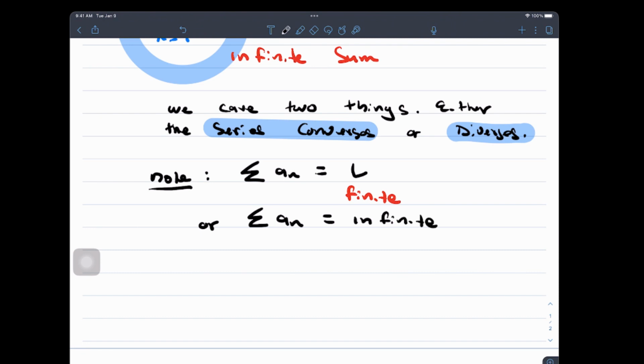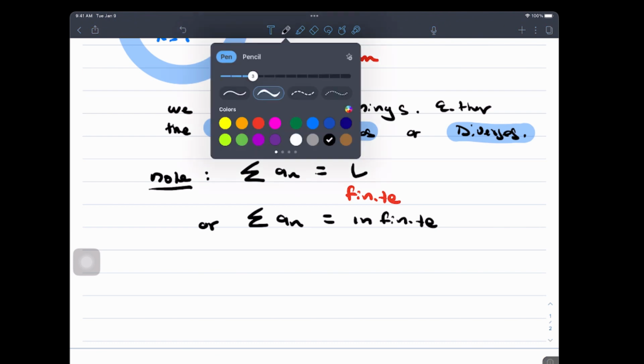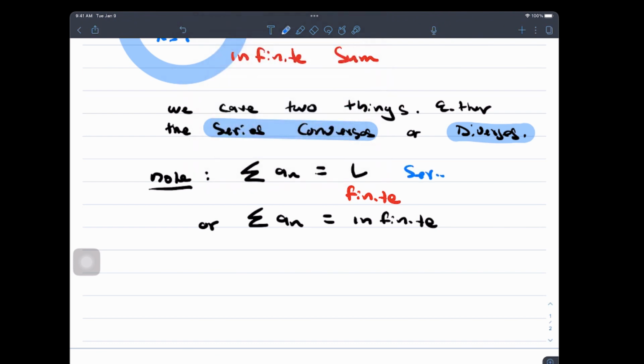That's really what we're talking about. And this is where the series will converge. We say here the series converges, or the series will diverge. And so now we're going to have to dive deep into what it means to converge or diverge.